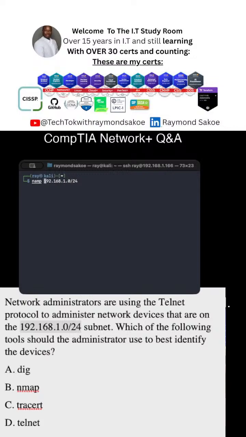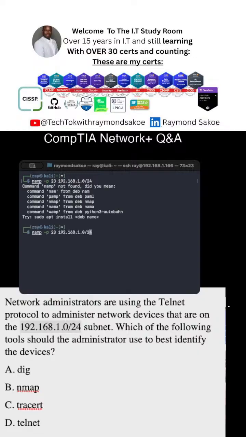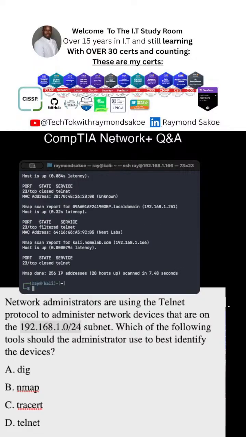So dash p and then 23. Then press enter. I typed Nmap right here, and it's scanning the whole subnet to identify devices that have port 23 enabled.